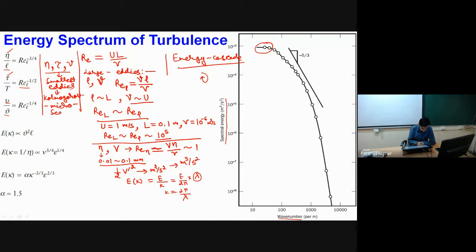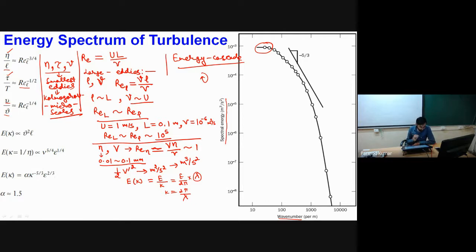Why Kolmogorov microscales? Because Kolmogorov was a Russian scientist who contributed a lot in determining the structure of turbulence in the 1940s. Just to give recognition to his work, these eddies have been given the name based on his name. Okay, so it is called Kolmogorov microscales.